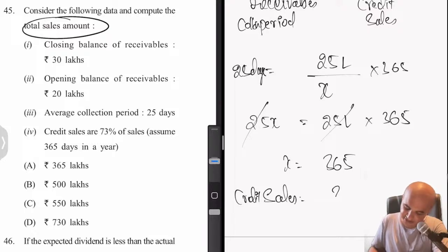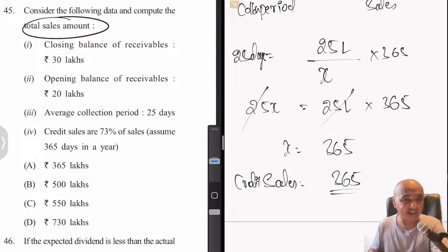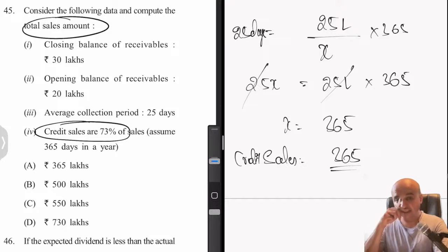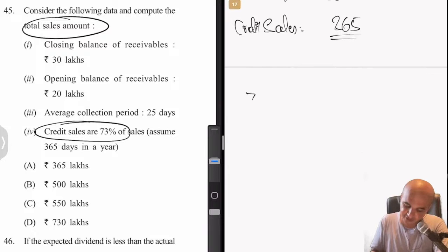If credit sales is 365, what is the data given in the question now? In the question they say credit sales are 73% of the sales. If 73% of total sales is 365, how much would be 100%?